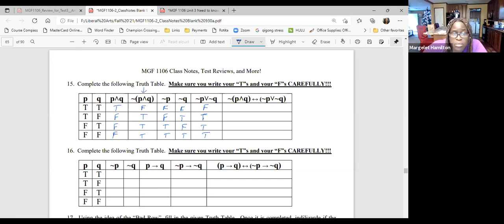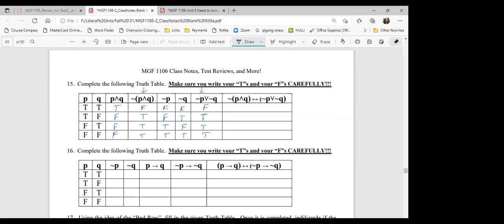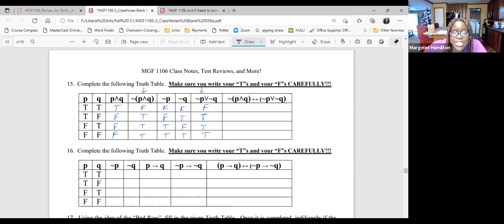Oh, right here and right here. Okay, thank you. All right. So we see that these 2 right here are equivalent. These 2 columns, do you see that they have the same values, right? So when they have the same exact values for each case, that means that they're equivalent, okay?